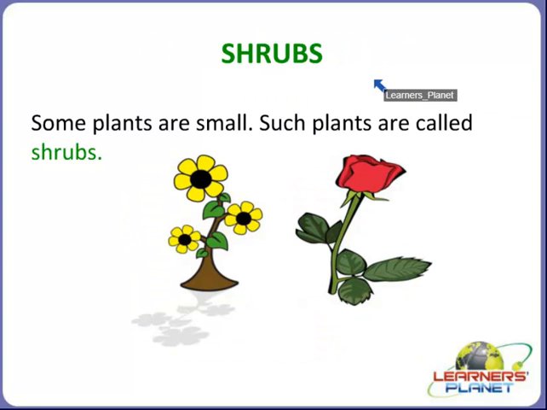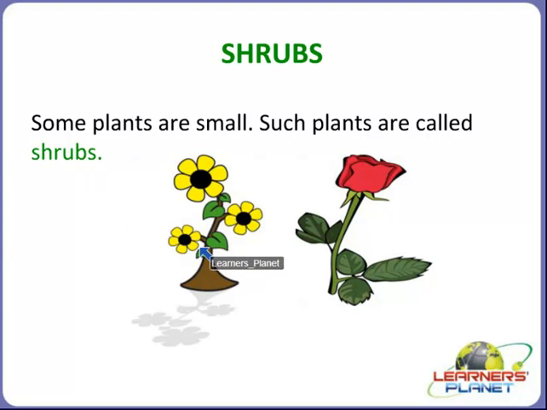The second type of plant is a shrub. Some plants are very small in size and they have very small woody stem. So, such plants are called as shrubs.